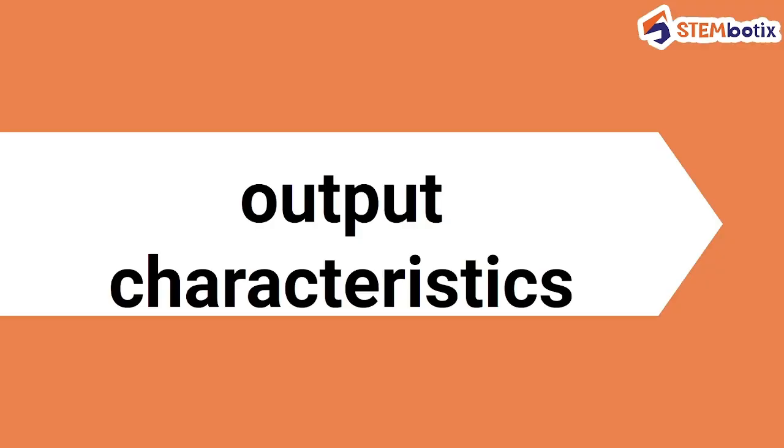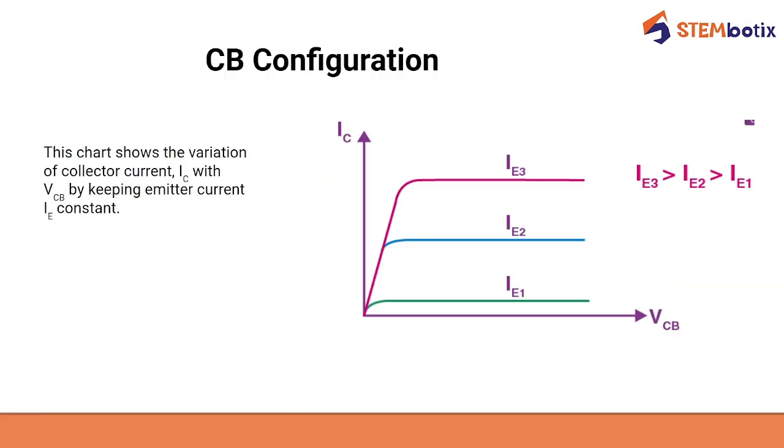Now let's see the output characteristics of these three configurations: CB, CC and CE. In the CB configuration, meaning common base configuration, it shows the collector current, IC, against the collector-base voltage, VCB, by keeping the emitter current constant.